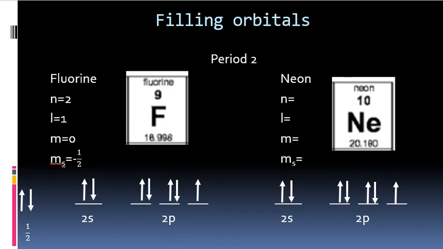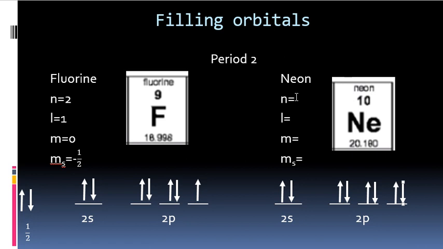However, this only accounts for 7 of those 8 valence electrons. We still have 1 remaining electron, and that last electron can be used to fill the final 2p subshell, or the final 2p orbital.